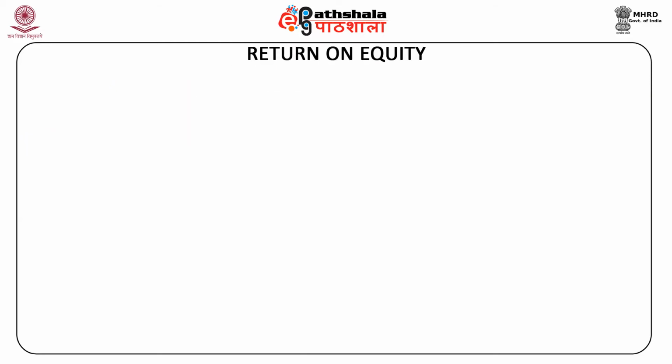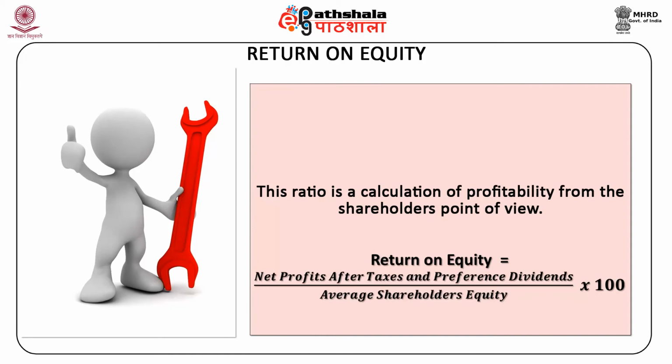Return on equity. This ratio is a calculation of profitability from the shareholder's point of view. Return on equity is equal to net profits after taxes and preference dividends divided by average shareholders' equity multiplied by 100.